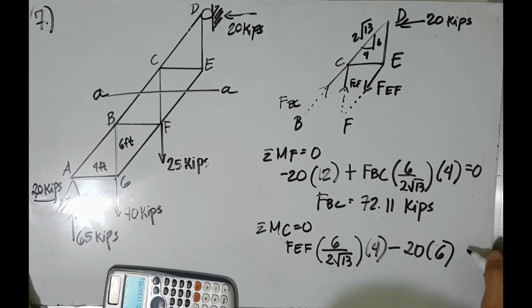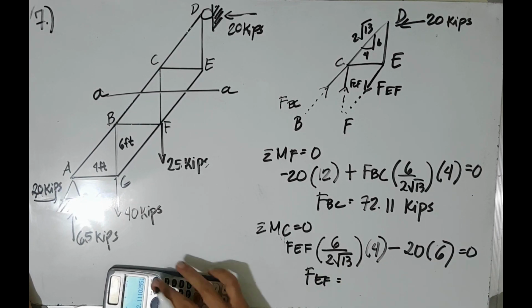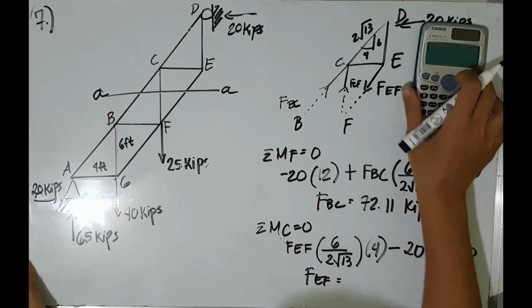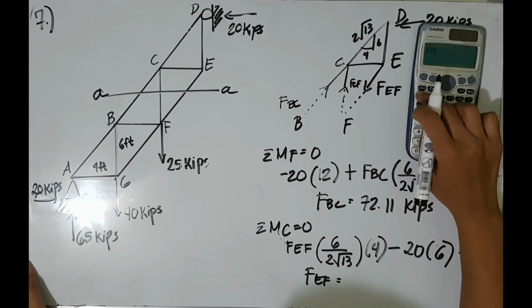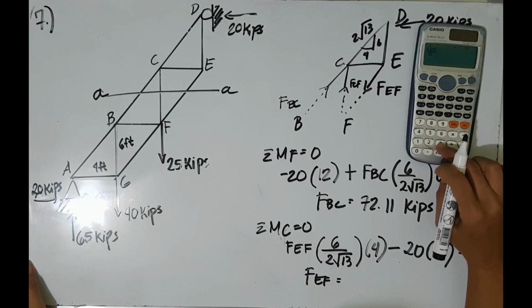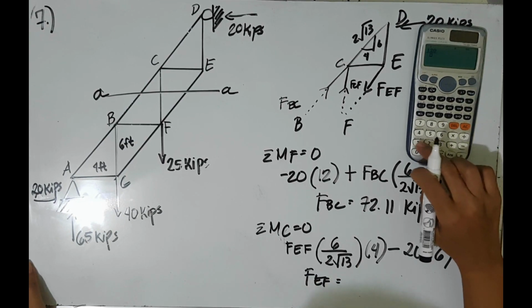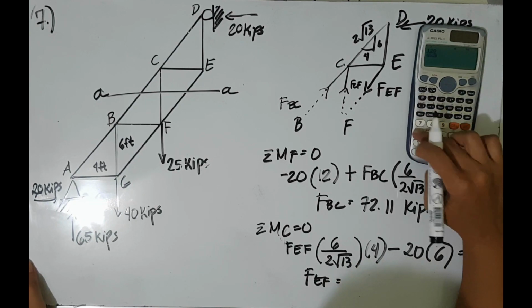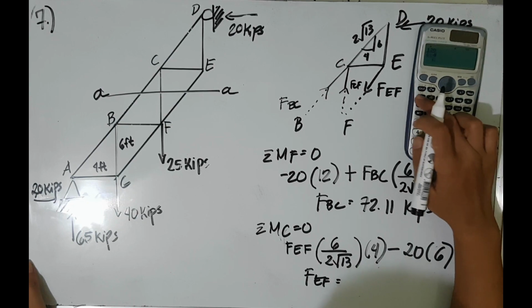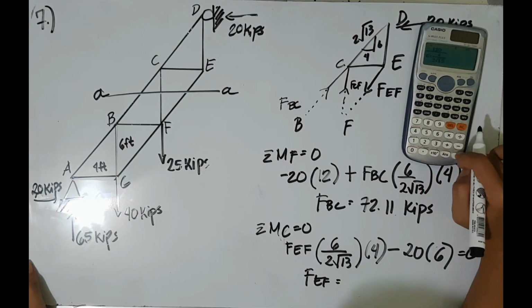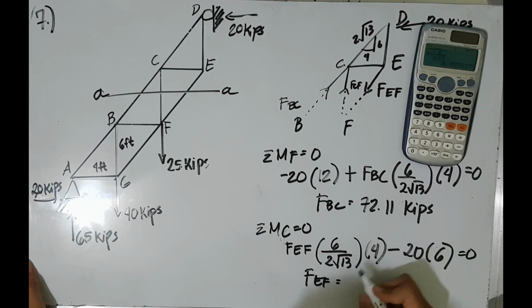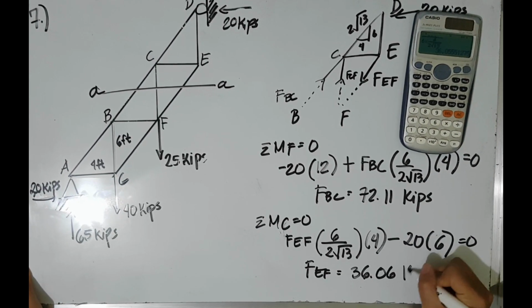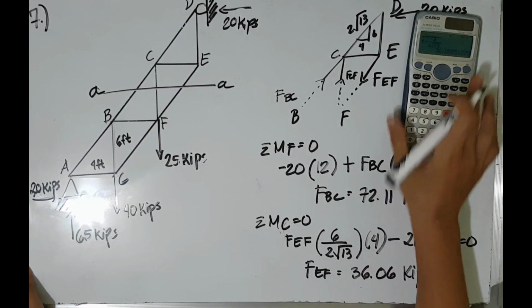Therefore, the force acting on member EF is equal to 36.06 kilopounds. And we are now ready to determine the areas.